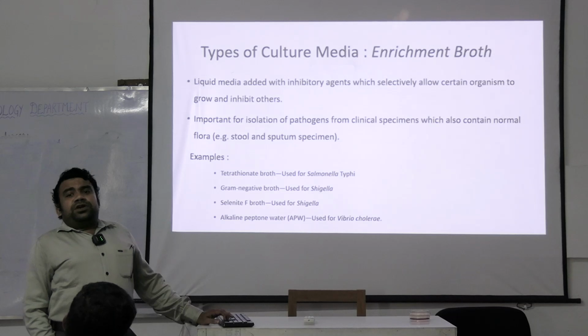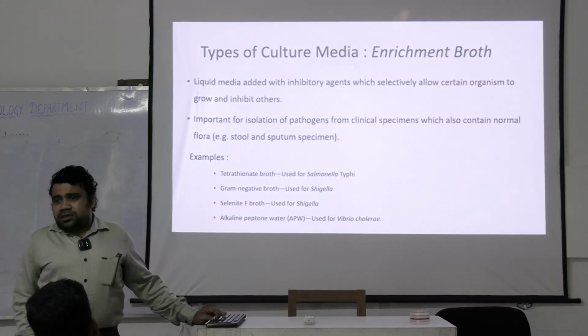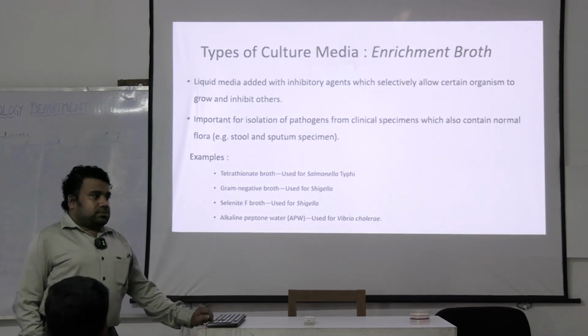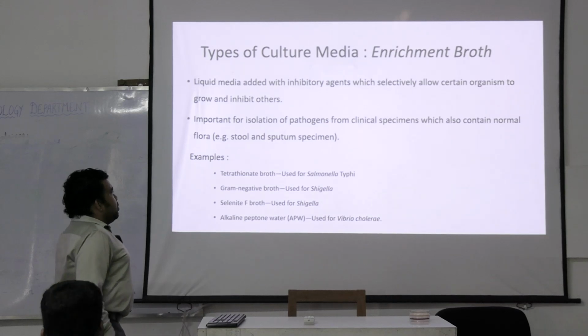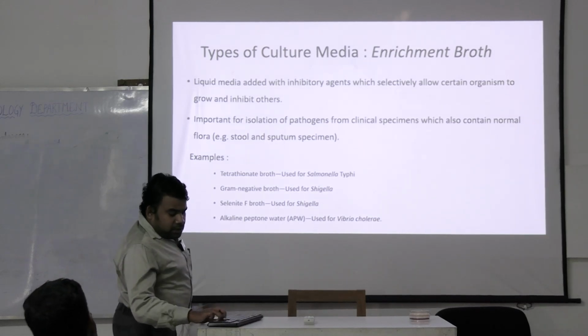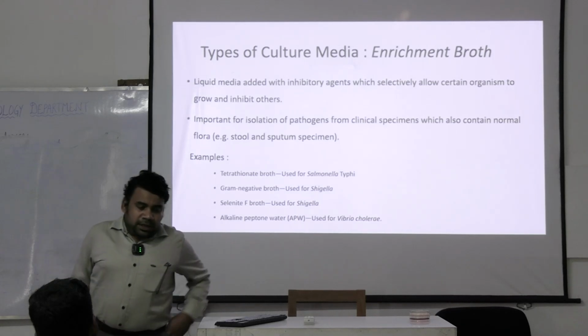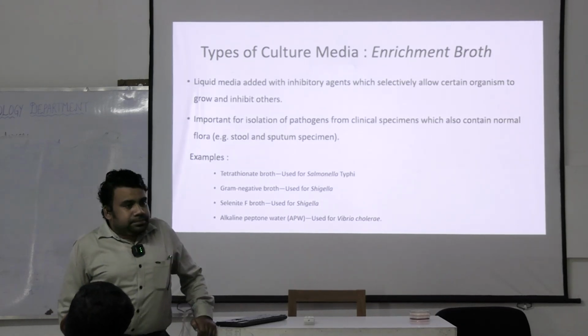Now, if we take a broth and put some of the protein extract in it, we get what is known as enrichment broth. So, enrichment broth is for isolation of specific organisms. Why? Let us say we are looking for a particular bacteria causing diarrhea.